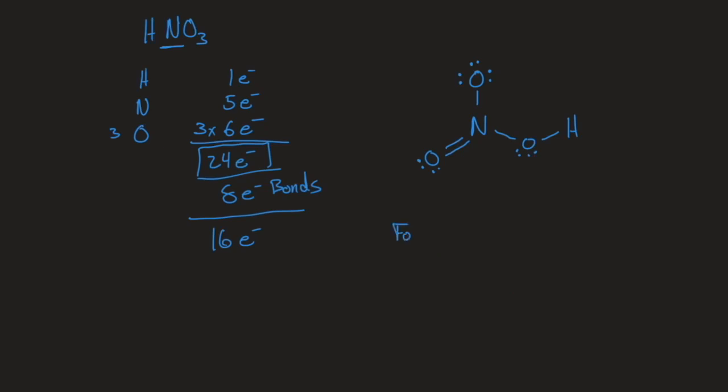The formal charge of an atom is equal to the number of valence electrons minus the number of bonds minus the number of electrons on that atom.